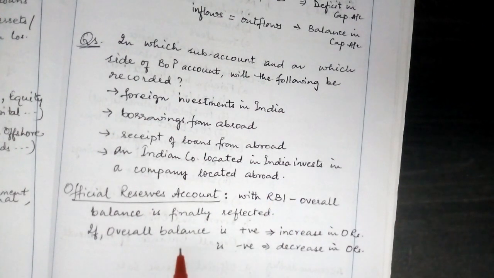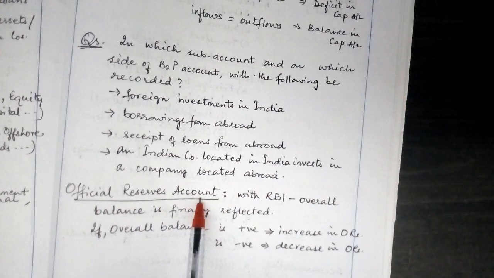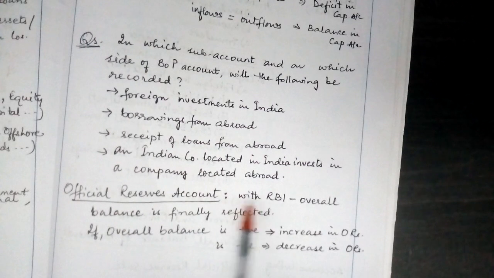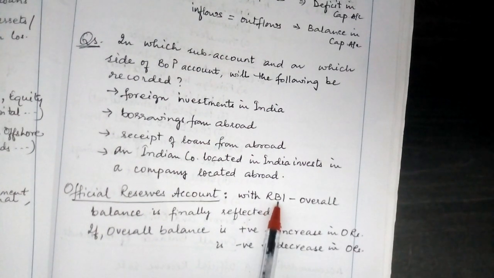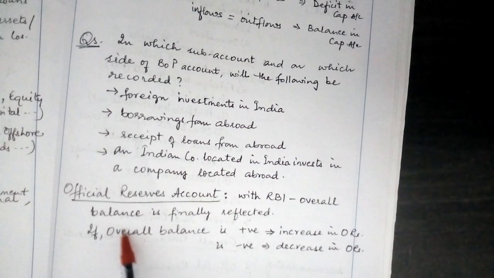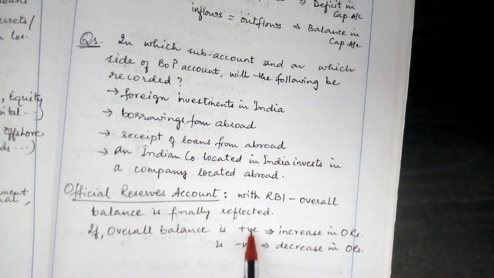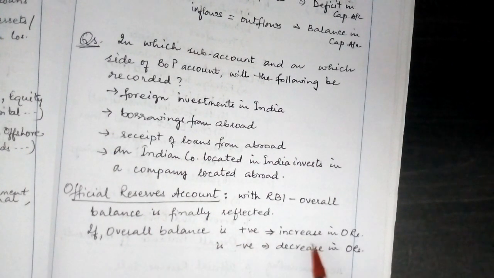Now the last one in the balance of payments is the official reserves account. This is maintained with the RBI, which shows an overall balance. If the overall balance is positive, it implies an increase in official reserves.